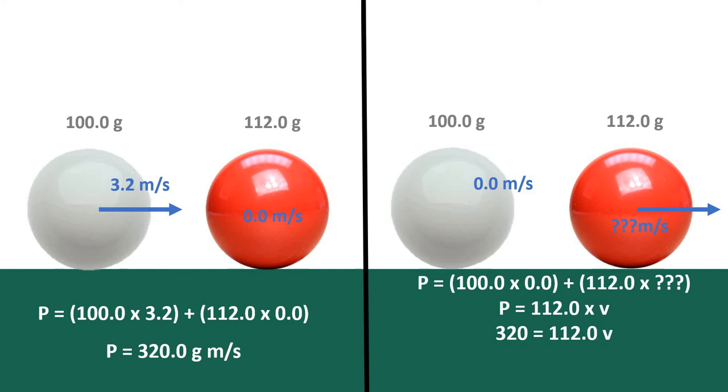And now it becomes a formula triangle. We simply have to rearrange this equation to make velocity the subject. So we now are dividing up, the decimal place is back in there now, well done me.